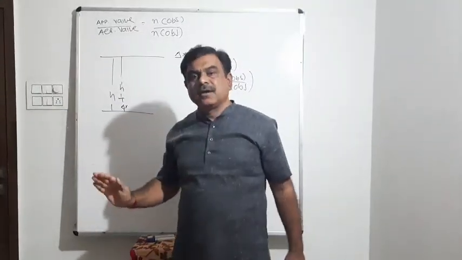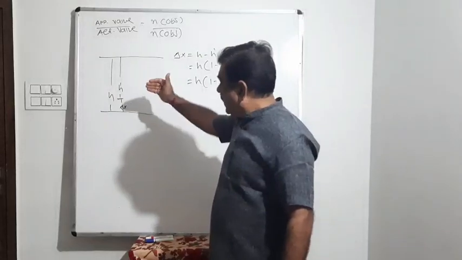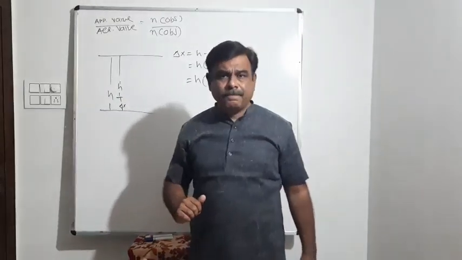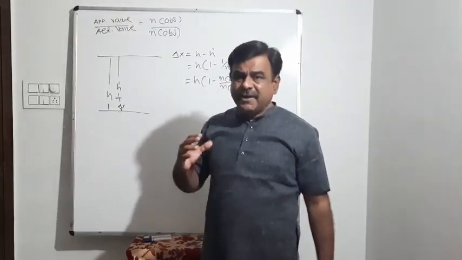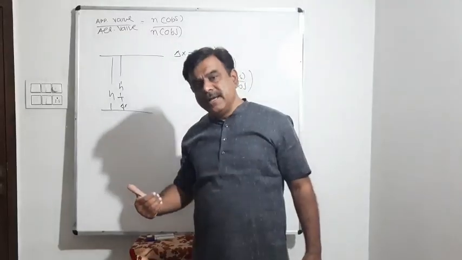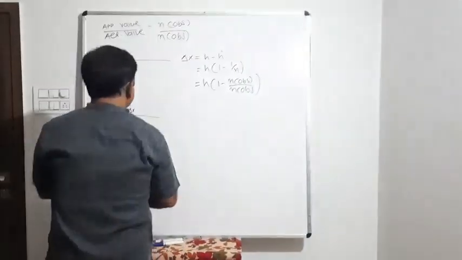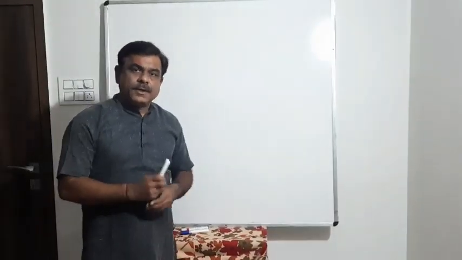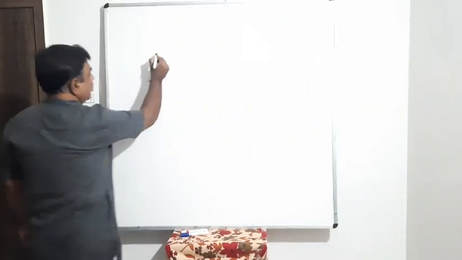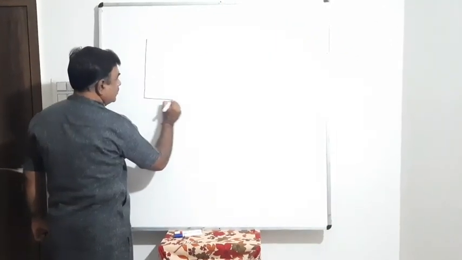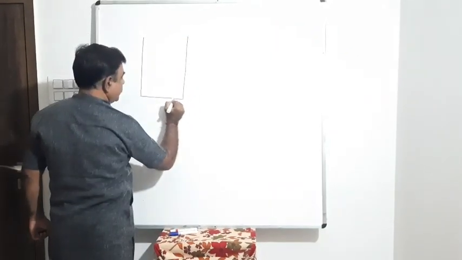Now, one more important concept from this. If we have multiple media, if multiple refraction is taking place through more than one medium, then how do we apply this concept? Like see this. We have three different media.